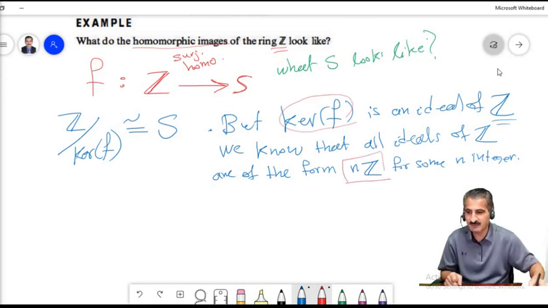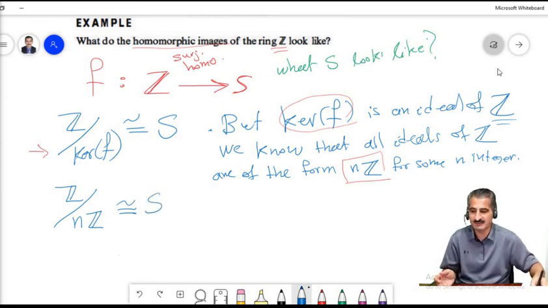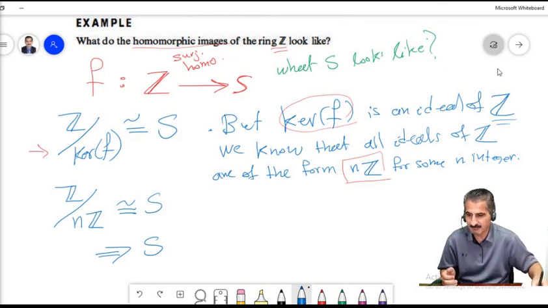Now let's replace the kernel by one of these ideals. So S will be isomorphic to Z over nZ, and we know this is isomorphic to Zn.